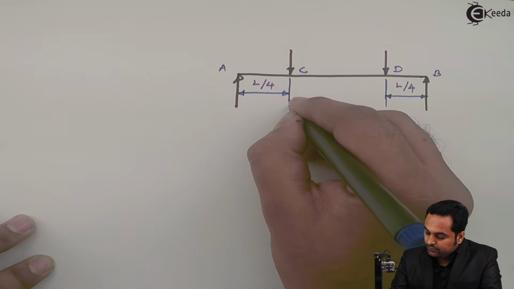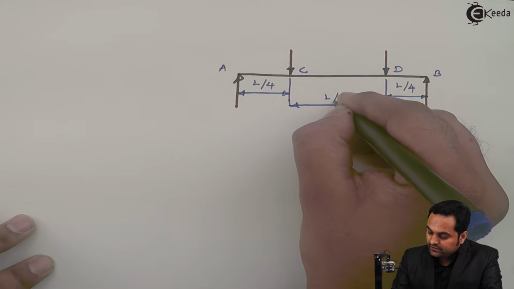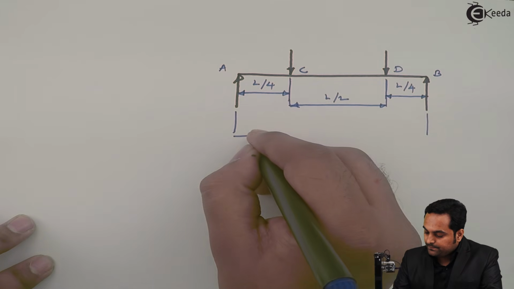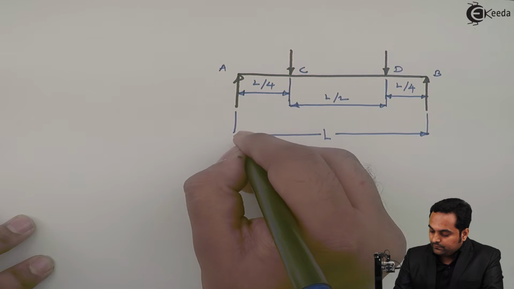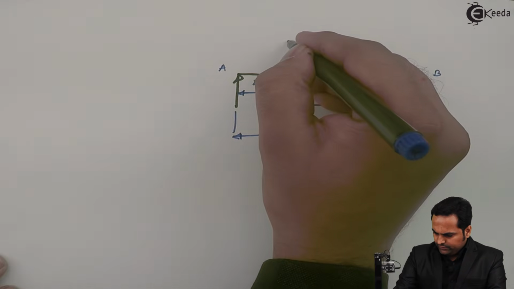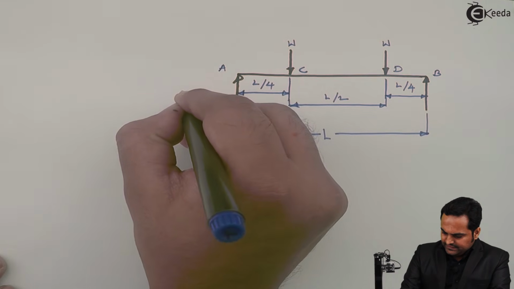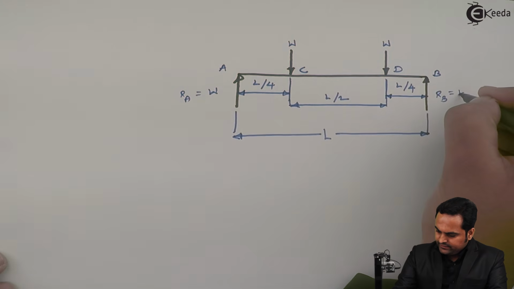At the central location, the distance is L by 2 and the total length is capital L. And now since the load values were given, we have found out the reaction. At A it is W, and at B also the reaction is W.